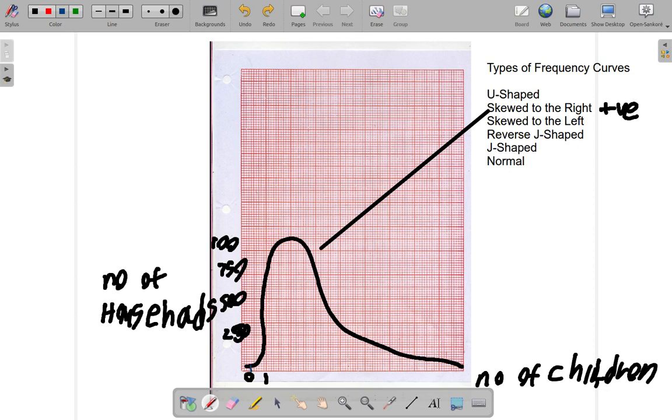So you have say 50 families with no children. You have about 100 families with one child. 2 children goes all the way up to 1,000 families with 2 children.